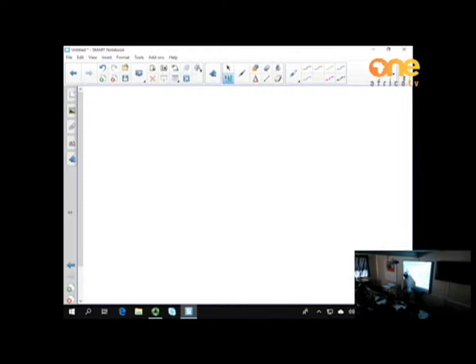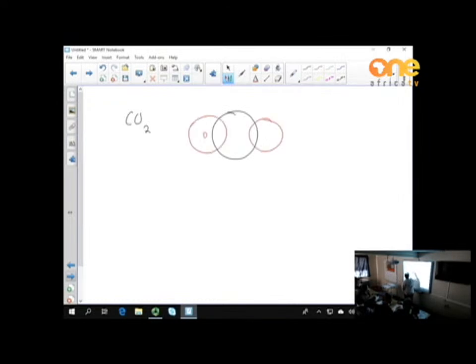In other words, something like carbon dioxide is covalent because we have carbon and we have 2 oxygens. There's an oxygen and there's an oxygen. Here we have carbon. Carbon has how many outer shell electrons? It's got 4. It's looking for 4. So how many must it share? 4.